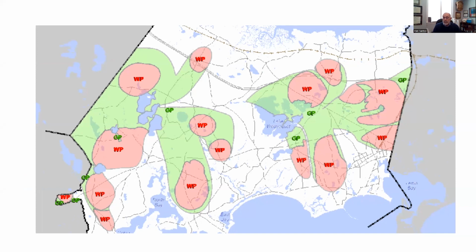So that's the Wellhead Protection Overlay Zone, which is around the well. And then the groundwater protection, the GP, the green area, what we've done is calculate an area that would provide water to these wells within 5 years, based on knowing how fast groundwater moves.